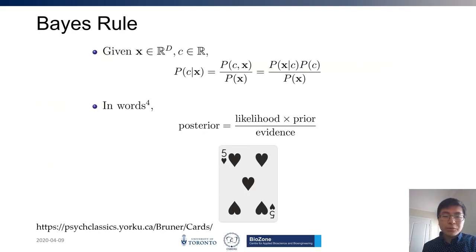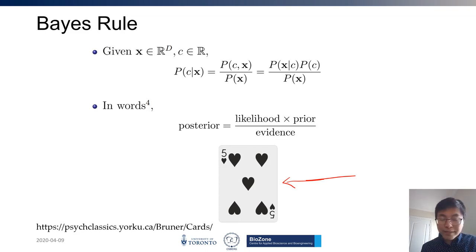Now we look at Bayes' rule. I had a game for cards that we could have played, but unfortunately due to the situation, I'll just explain to you what I wanted to do. By this picture, you may know what's going on. It's a black 5 of hearts. That's not supposed to be the case in a normal set of cards.